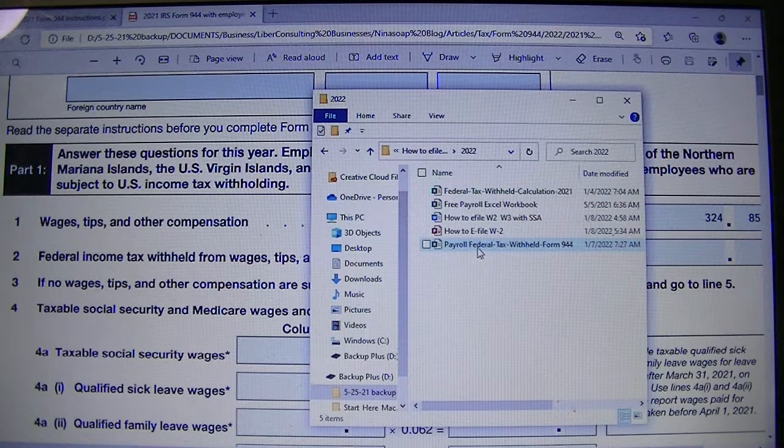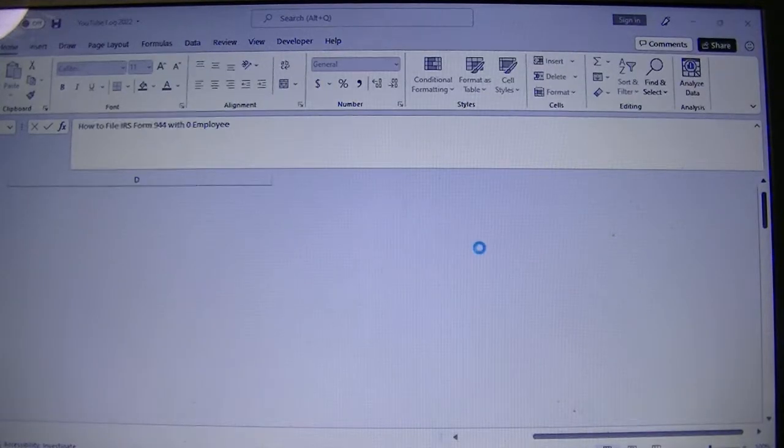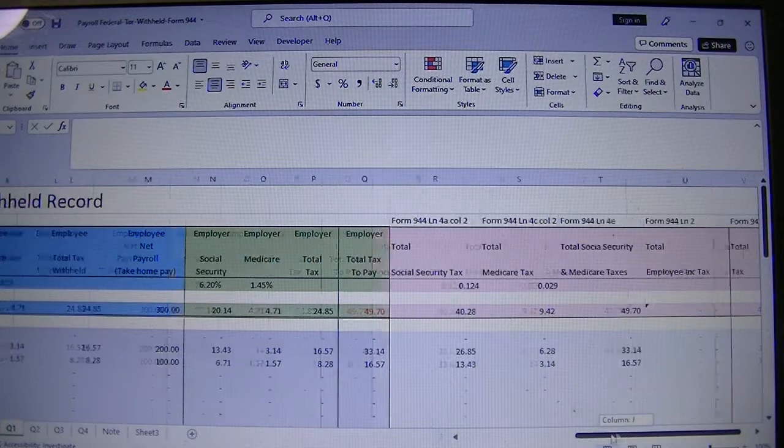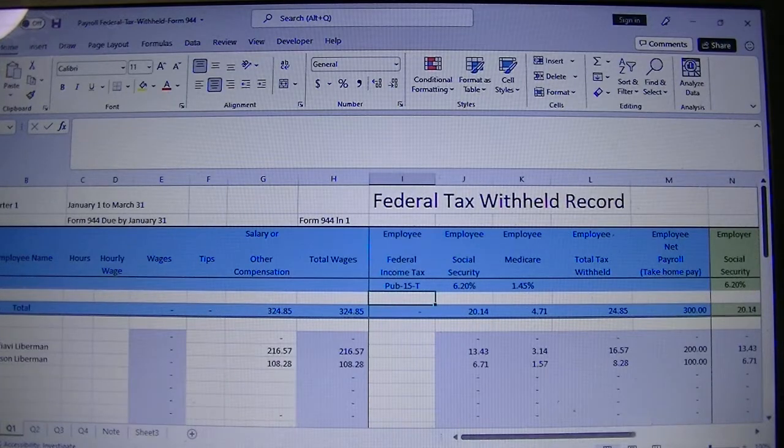Let me use this one. We have it at liberdownload.com as well. I'm going to put a link in the description to liberdownload.com. But pretty much, let me go to Q4.